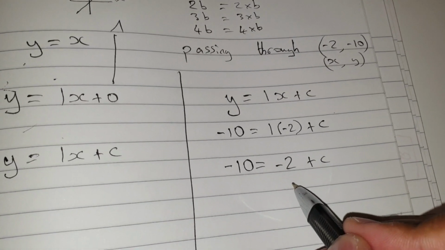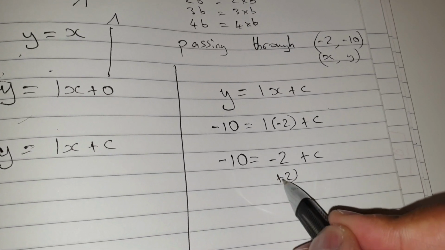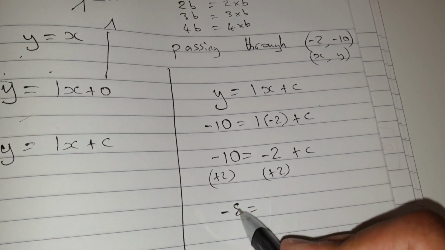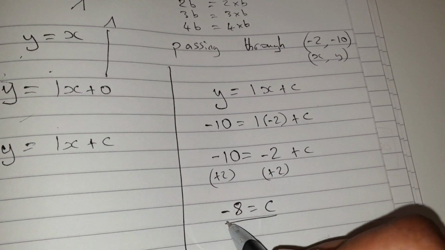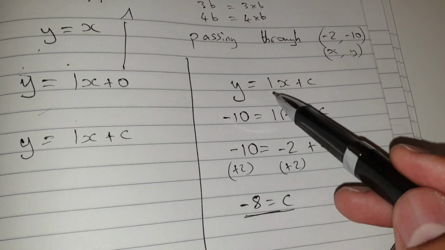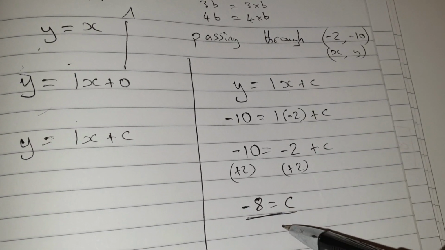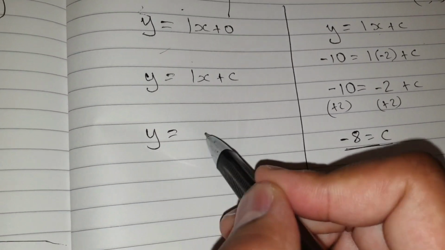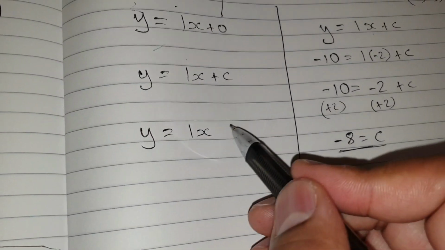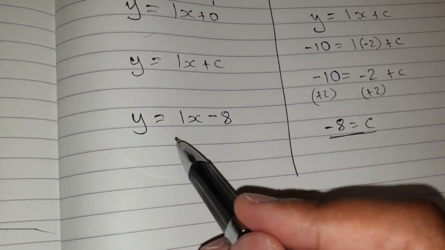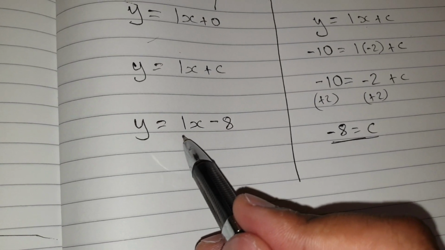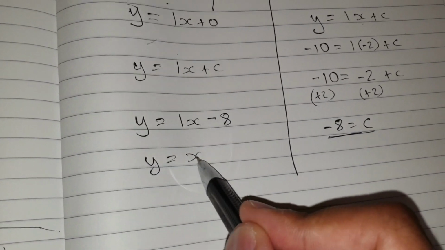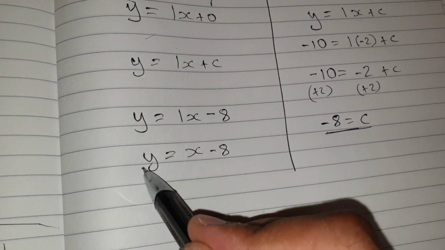I'm going to use the balance method now and add 2 to both sides, which gives us -8 as the value for c. So now I've found my gradient and the c value, I can give the final equation, which is y equals 1x minus 8. We don't generally write the number 1 in front of any letter, so it's just going to be y equals x minus 8.